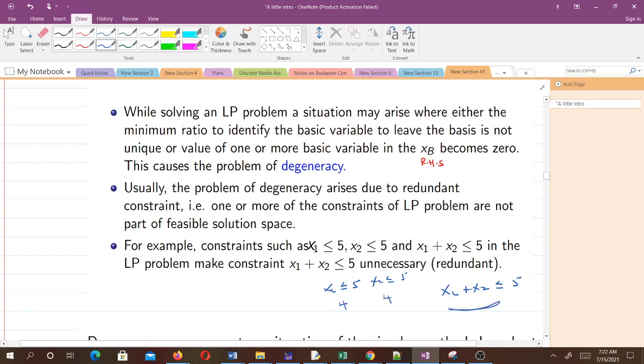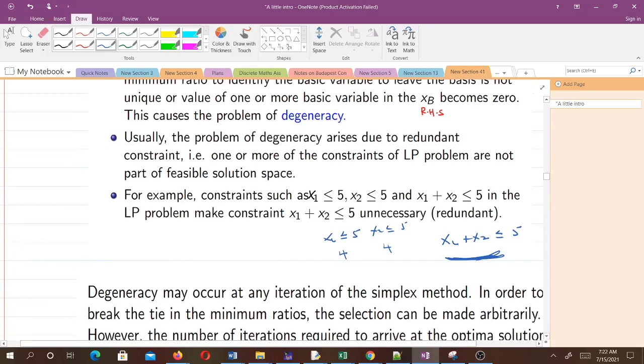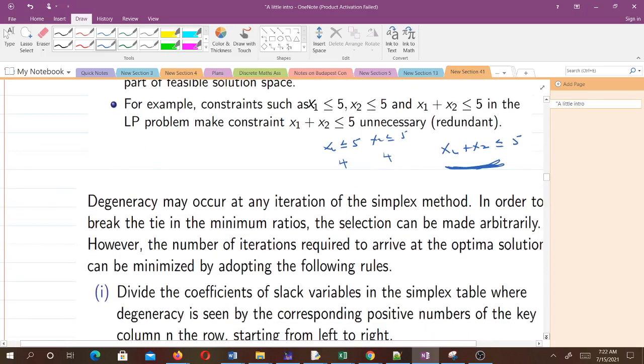It becomes unnecessary to have this constraint. So mostly that issue arises when one or more of our constraints are redundant.